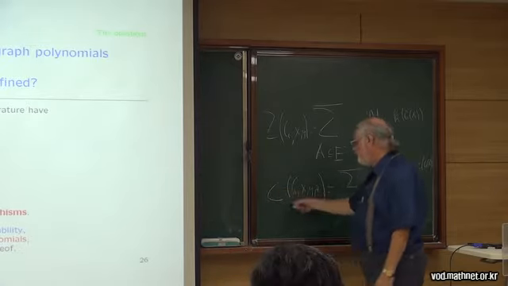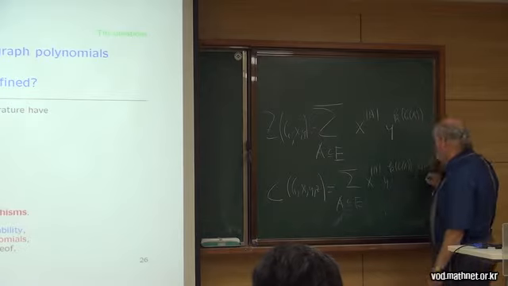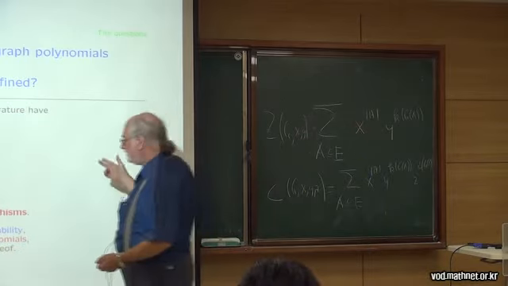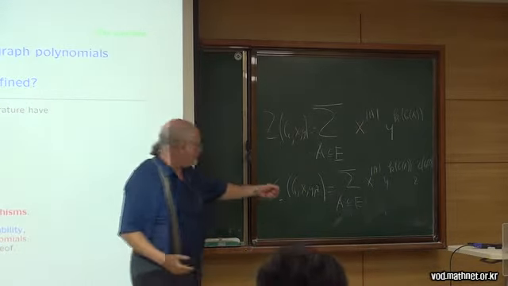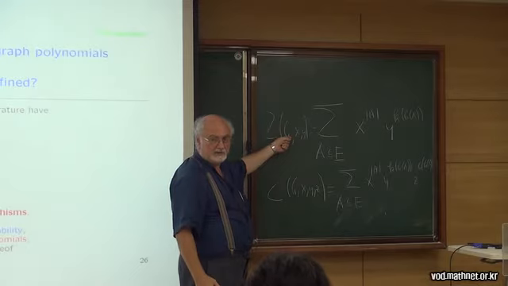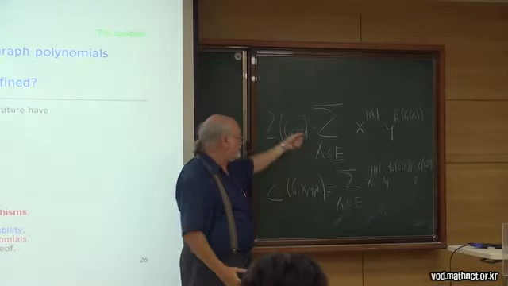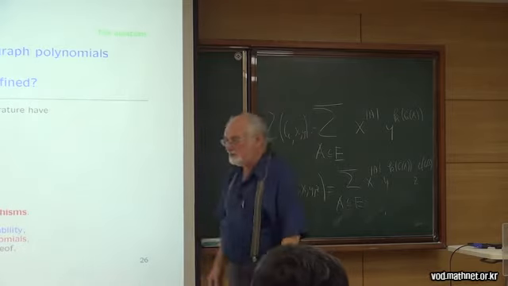And if you can't answer this, then you may add one more variable and some parameter here and try for something like this. So anyhow, polynomials like this are the Potts model in statistical mechanics, and it's dp equivalent to the Tutte polynomial.